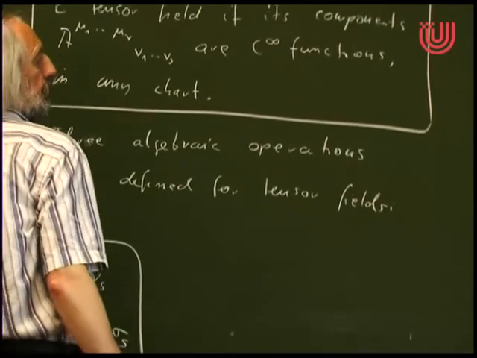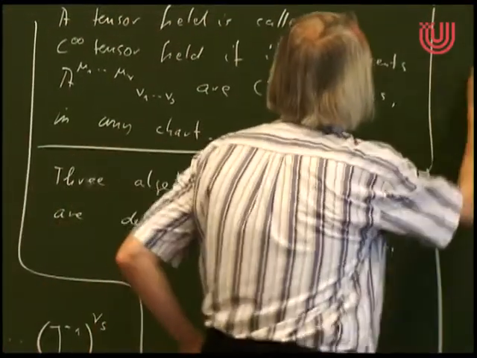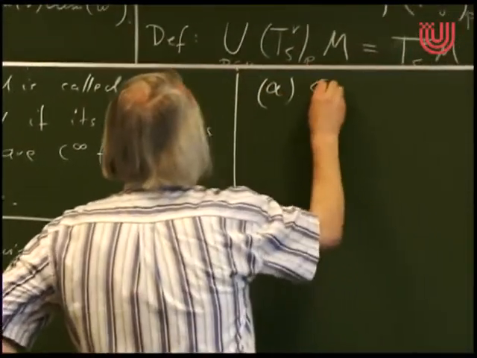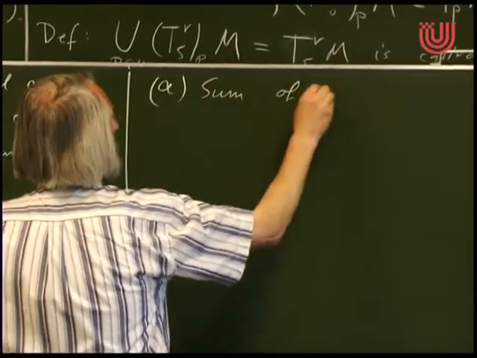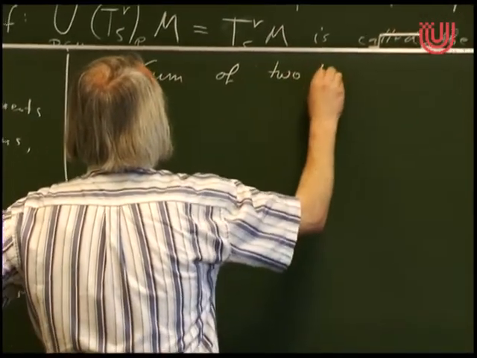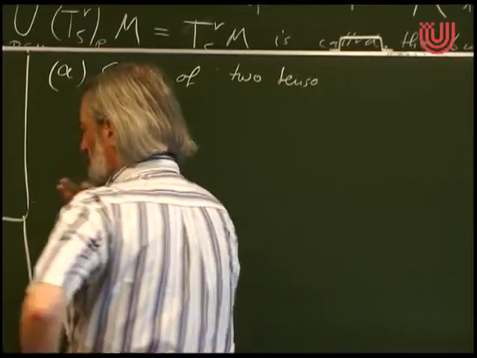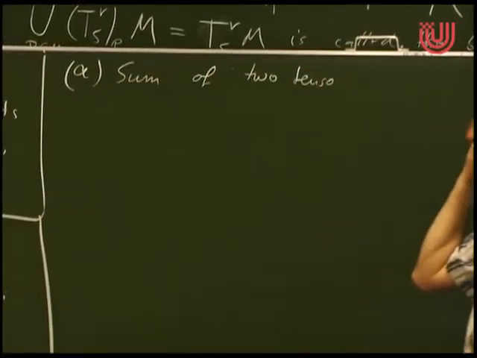Namely, you can form the sum of two tensors or two tensor fields. Actually, these are algebraic operations, so I can do them pointwise.